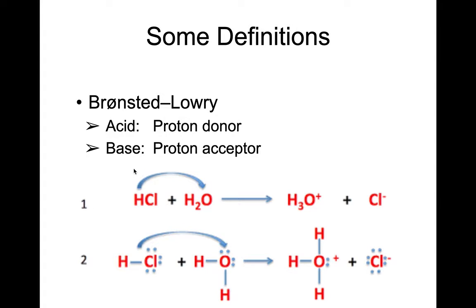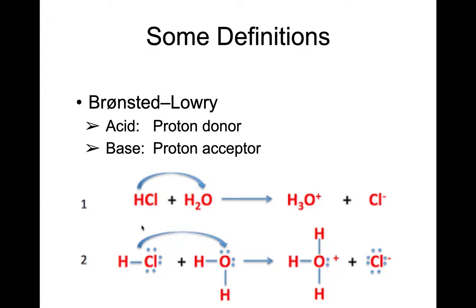So we can use this definition and apply it to the hydrochloric acid just like the last definition. So hydrochloric acid, when dissolved in water, loses its hydrogen to the water molecule because the hydrogen ion that was attached to the chlorine leaves the chlorine to go form the hydronium ion.